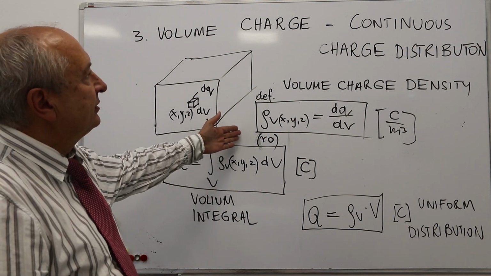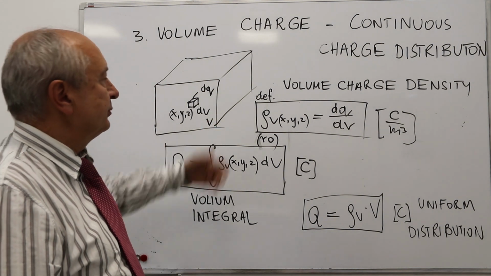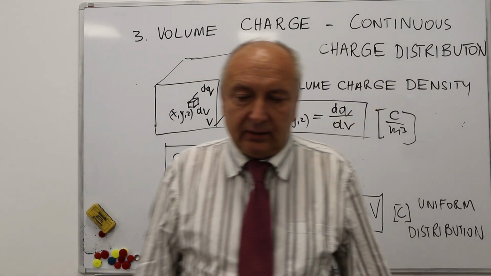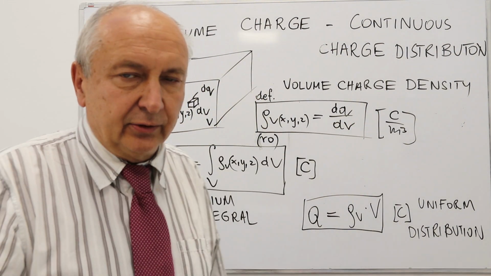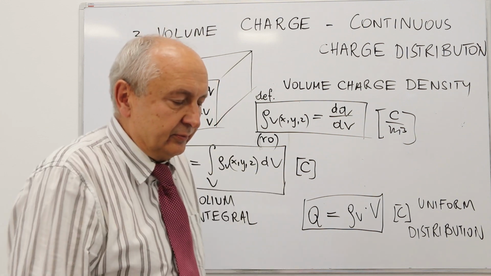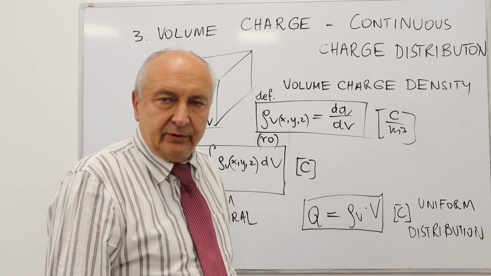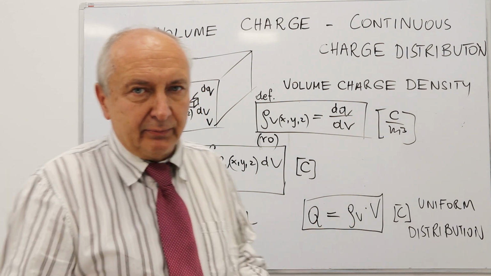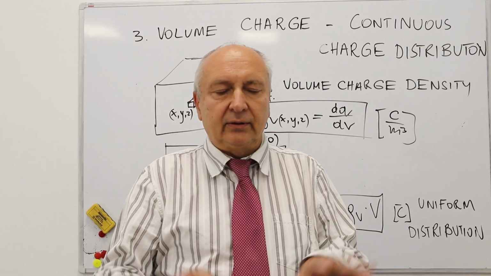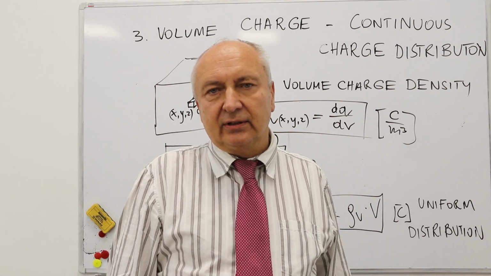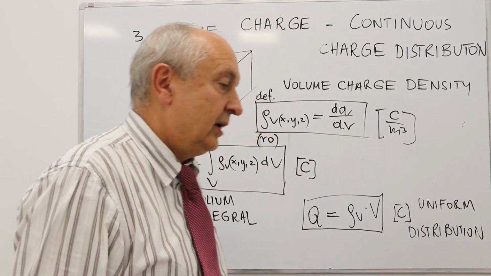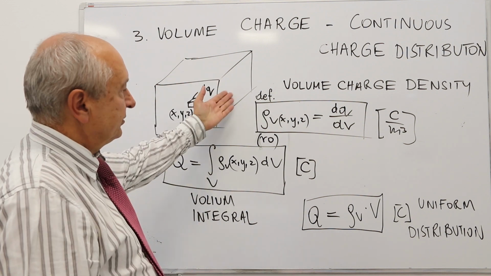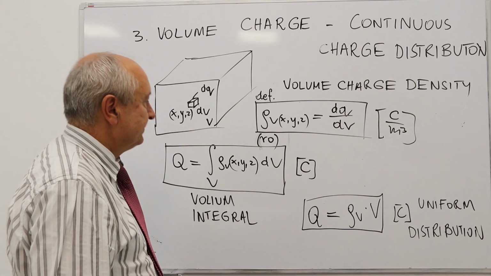This volume charge distribution is the case that corresponds exactly to the physics, because if we take into consideration that the total charge is a huge number of point charges, electrons for example, they create a volume charge distribution. So this corresponds exactly to the physics.